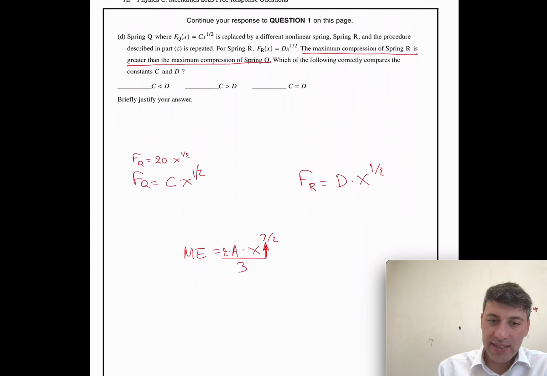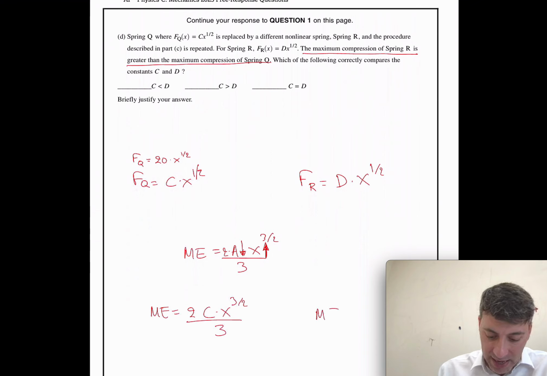The only way that this can happen is that the coefficient in front of the variable is smaller. So what we can say is that the mechanical energy is equal to 2A x to the power of 3 over 2 divided by 3. Now, in the case for spring Q, it will be 2C x to the power of 3 over 2 divided by 3, and for the same mechanical energy, it will be 2D x to the power of 3 over 2 divided by 3.